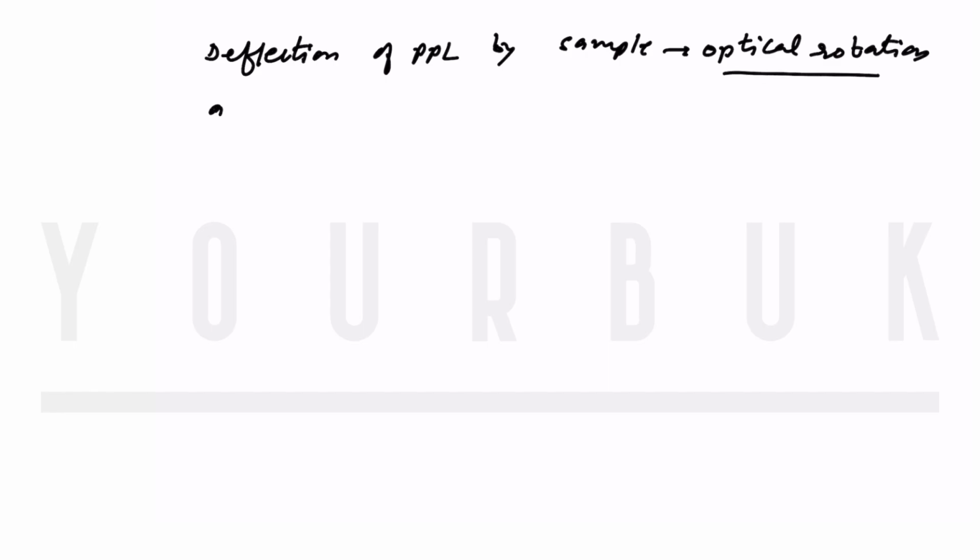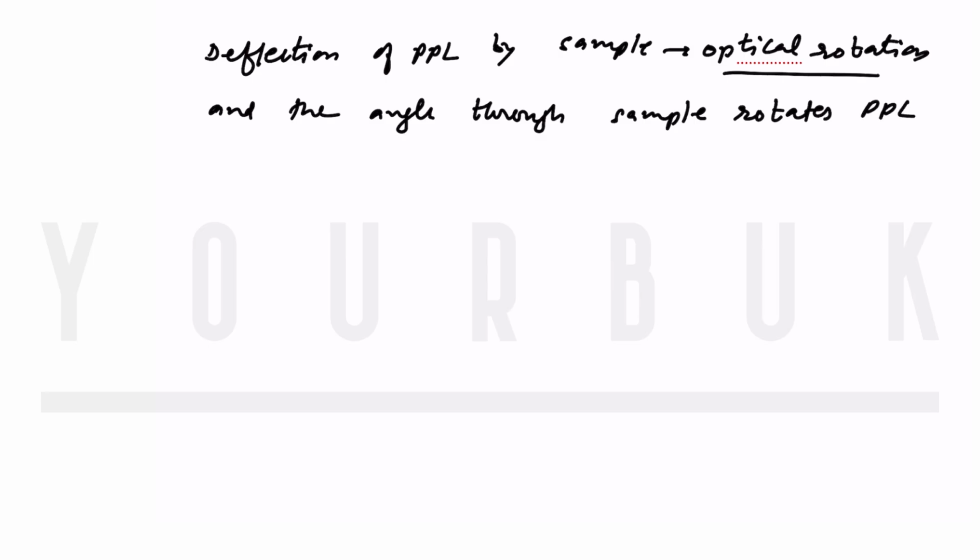And the angle through which the sample rotates the plane polarized light is called the angle of rotation. Maybe plus 20 degrees, maybe minus 15 degrees, called angle of rotation.